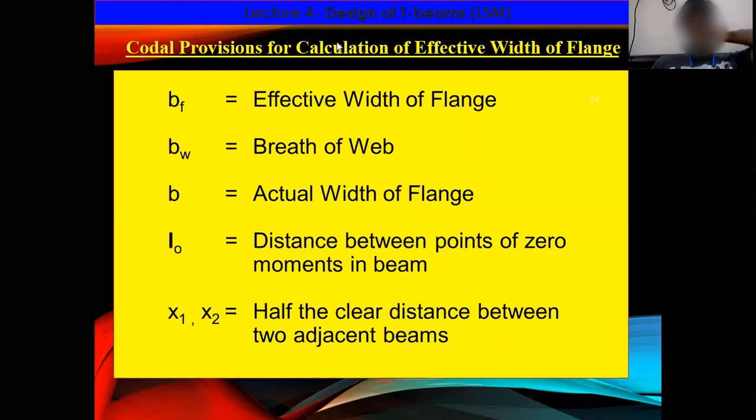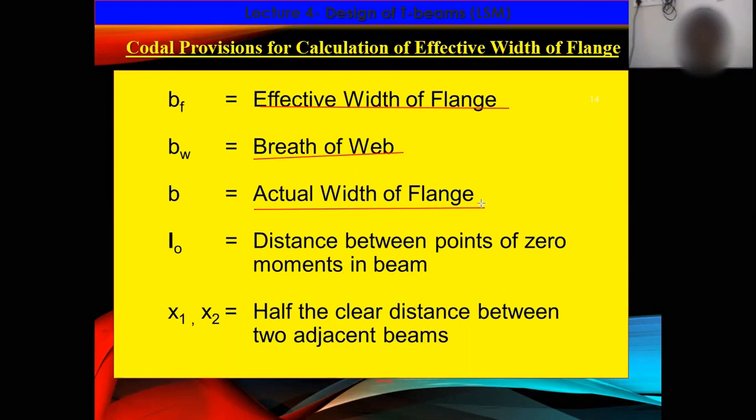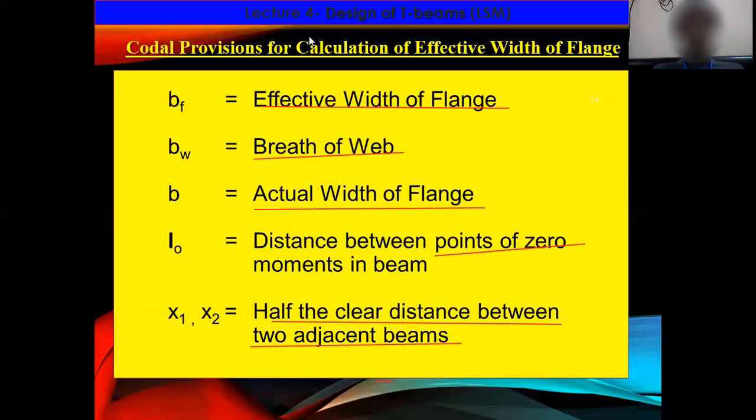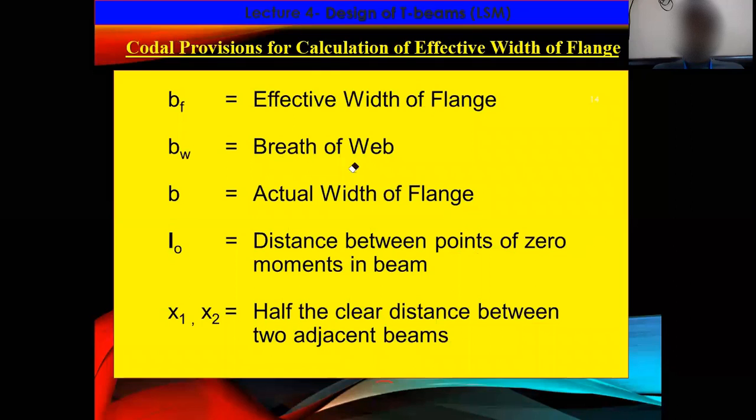It is the effective width of the flange, as I told. bw is the width of the web. b is the actual width of the flange, and l0 is the distance between the points of zero moments in the beam. x1, x2 is half of the clear distance between the two adjacent beams. So this is the first case. If you have calculated all these things, then you can start your design process.